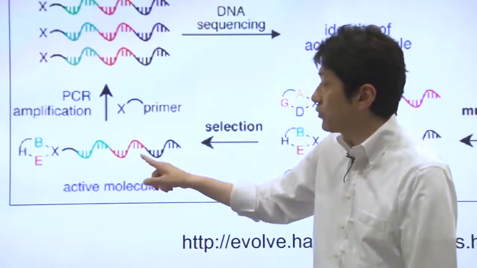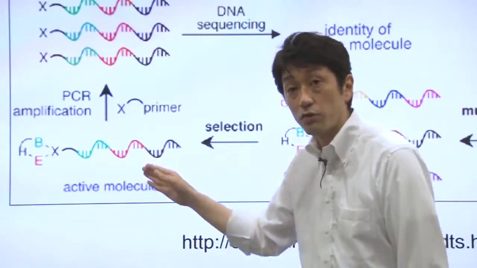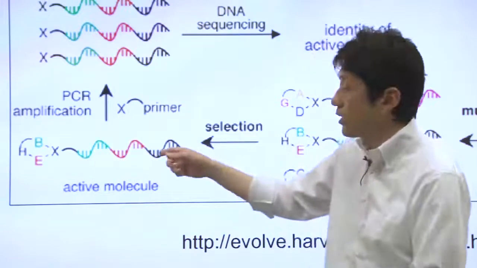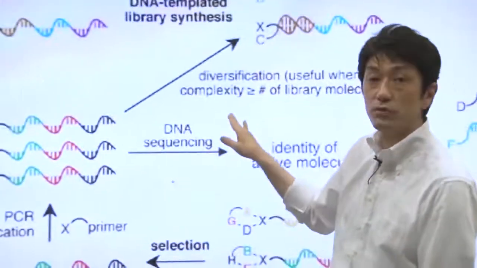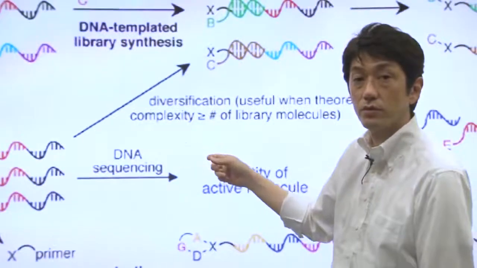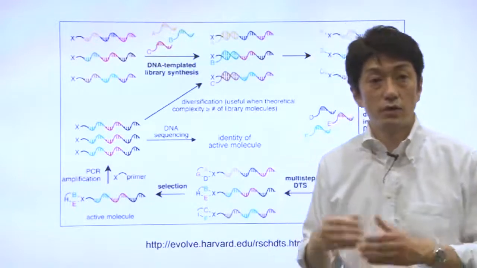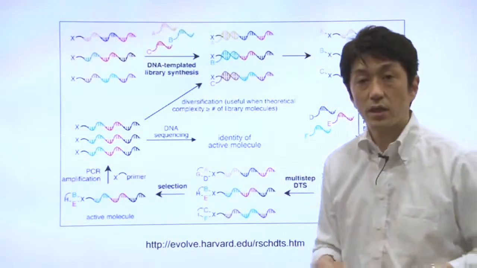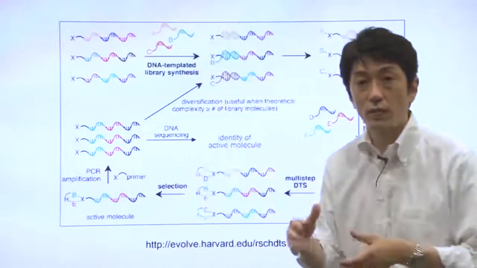The PCR amplification would amplify the DNA strand of the active molecules, which then serve as starting molecules for another cycle of selection. Since the structure of the molecules is encoded by DNA sequences, the analysis of DNA tags reveals the structures of the active molecules.